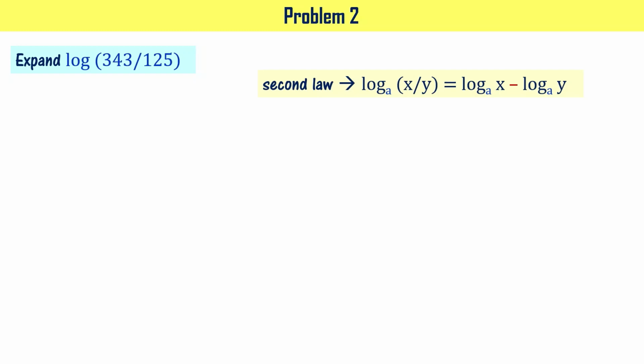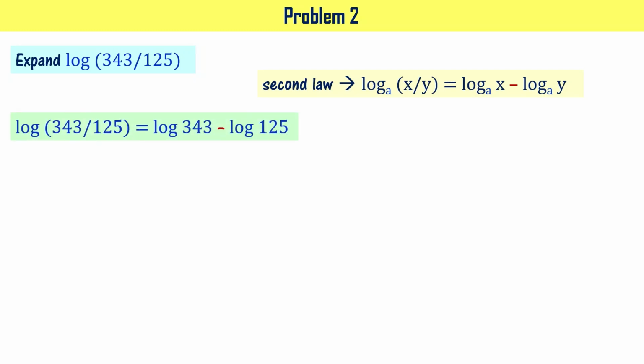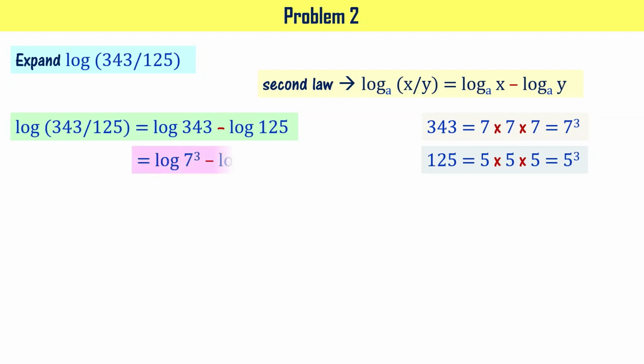As per this, I can write the given problem as log 343 minus log 125, right? 343 can be written as 7 cube and 125 can be written as 5 cube, right? Let's substitute these into the previous expression so that I can write it as log of 7 cube minus log of 5 cube, right?